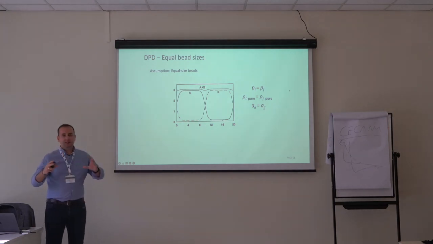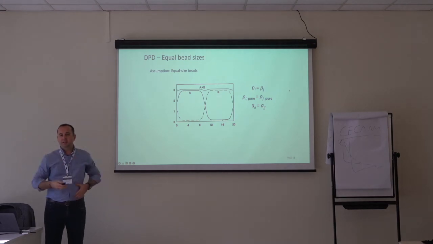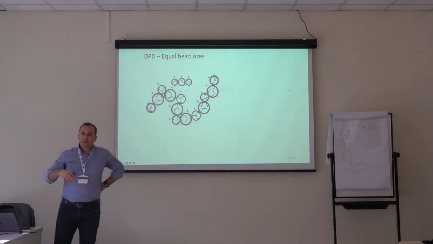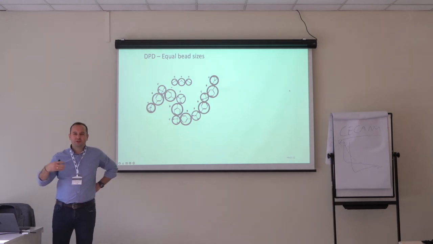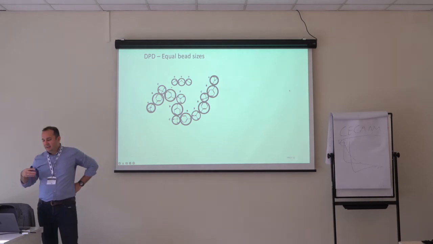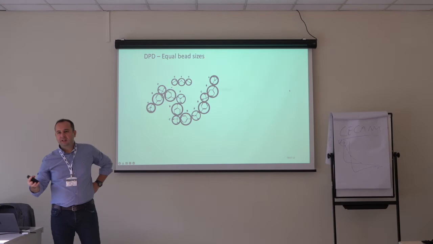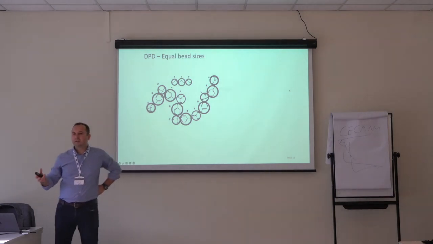The bead sizes are similar. That means the volumes around beads, or the densities, are the same. Of course, this is not quite realistic. This is where I personally contribute to DPD, because so far the classic DPD is everywhere. But if you really would like to use DPD for chemically specific systems, you cannot always assume that all the beads are of similar size.